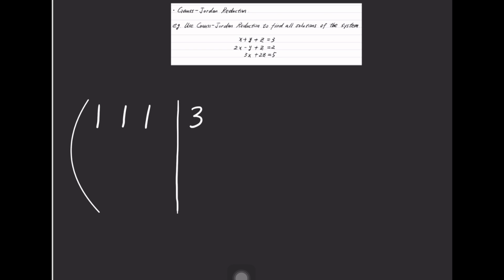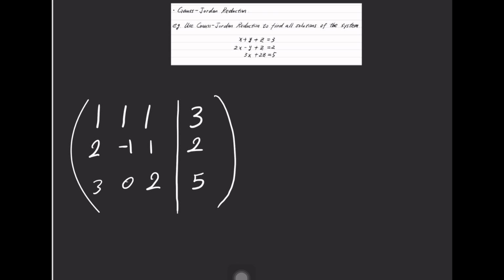In the second equation, we see the coefficients as 2, -1, 1, and equals 2. And in the last equation, we have 3. We don't have a y variable, so we place 0, 2, and 5.